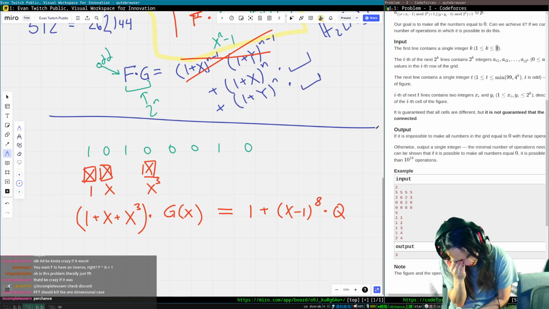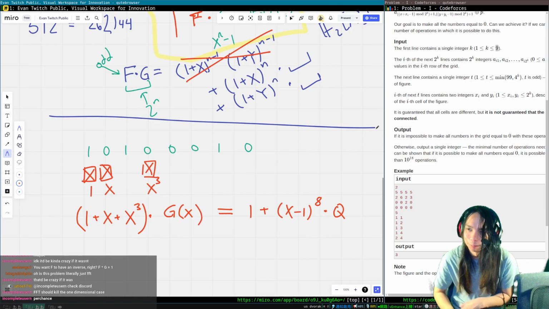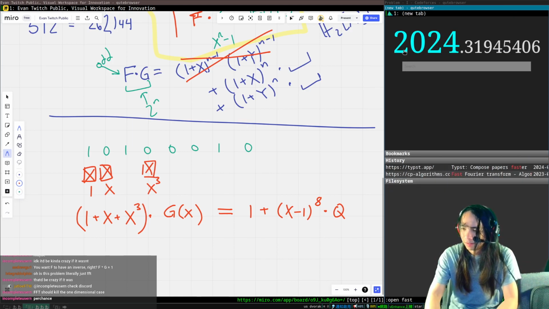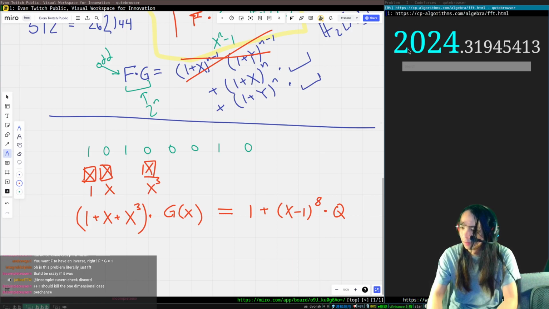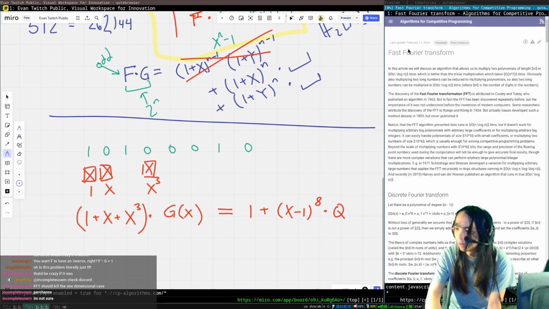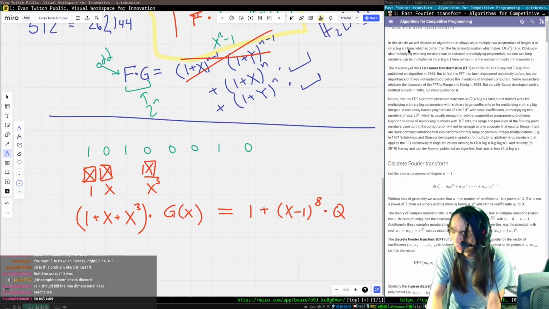Hang on. FFT. Okay, I have to remember how this works. What is FFT? Oh wow, assume the number of coefficients is a power of 2. That's very convenient.